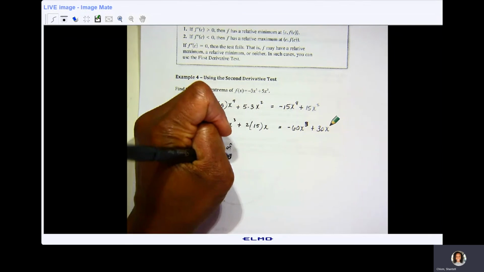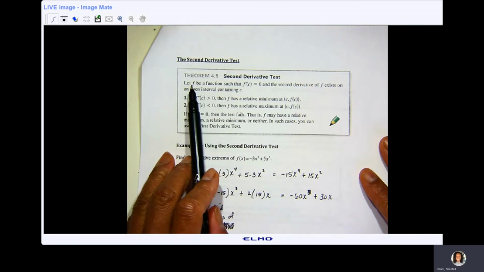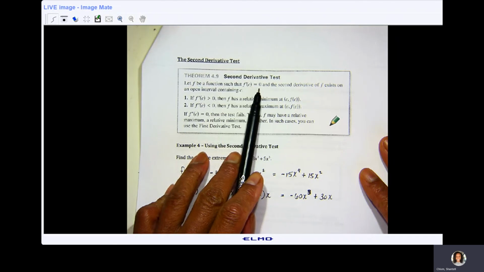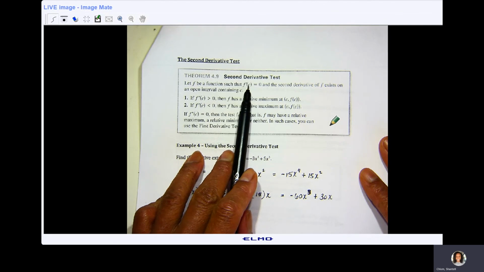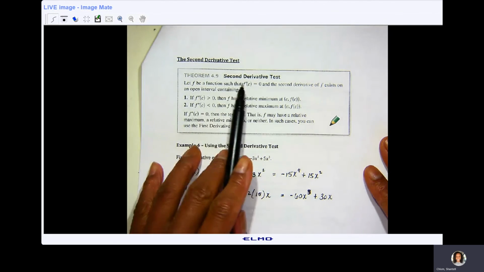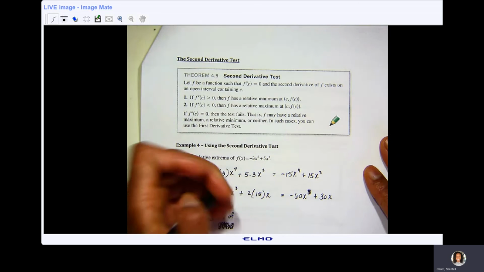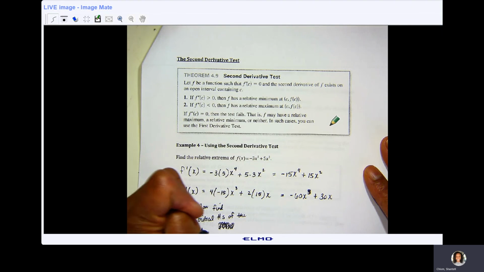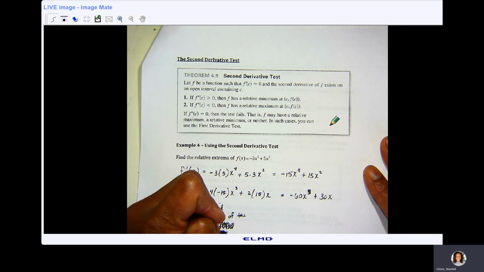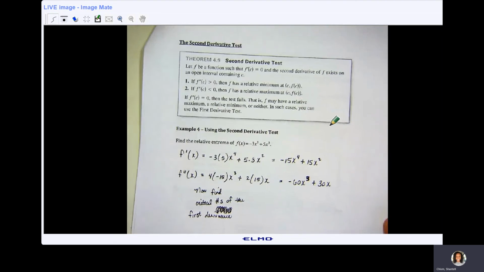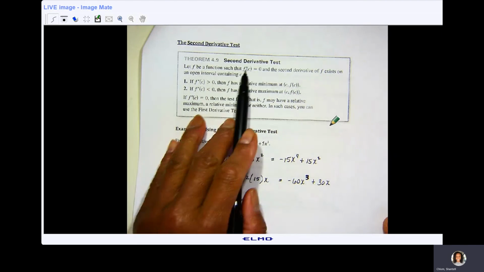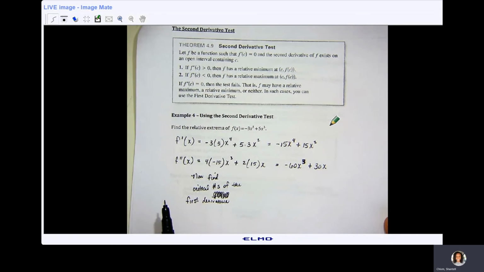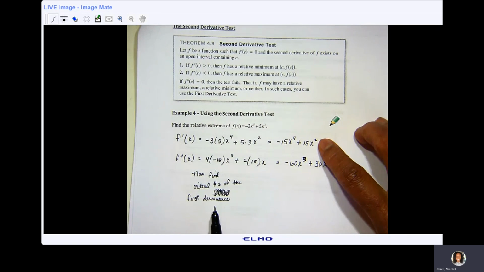So, according to this, let's go back here. Let f be a function such that f prime at c equals 0. So you've got to find the critical values. The real critical values are found from the first derivative. Then we evaluate f double prime at those values c to figure out if we have max and min. Okay?